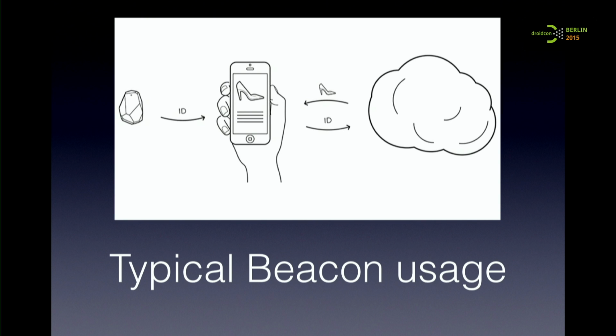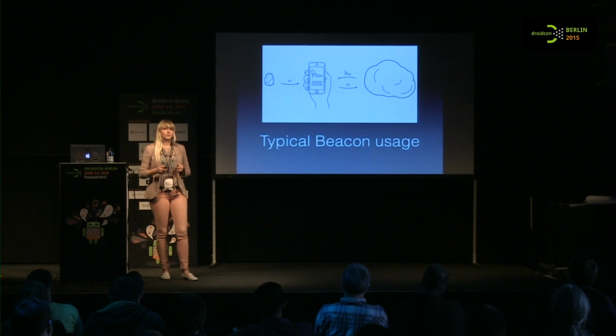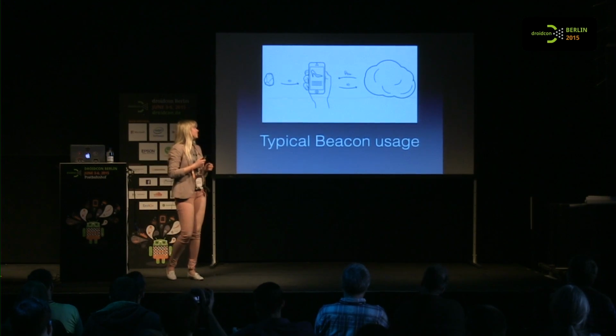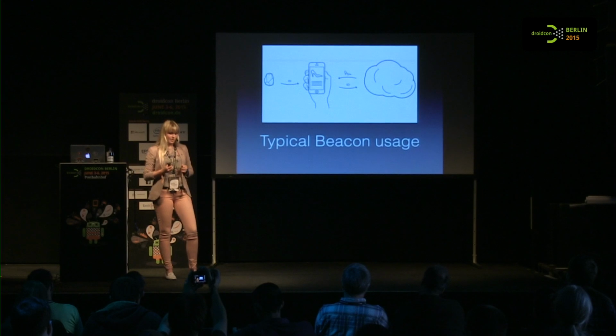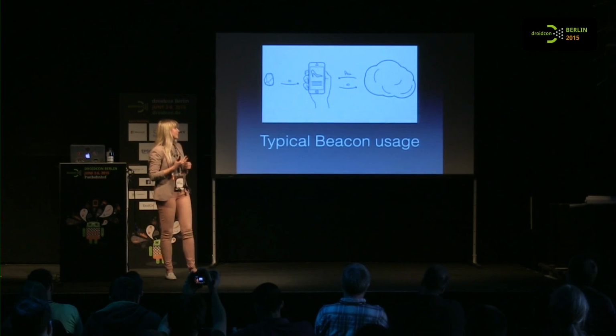What is typical beacon usage? In the last year, beacons became popular because they can provide services like indoor navigation, detection, device management, and advertisement, and typically they work in triangulation mode.